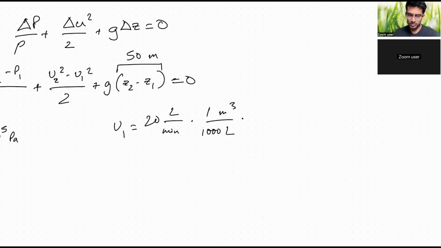Then we can convert the area here. We know that the cross-sectional area will be pi times the inner radius squared.